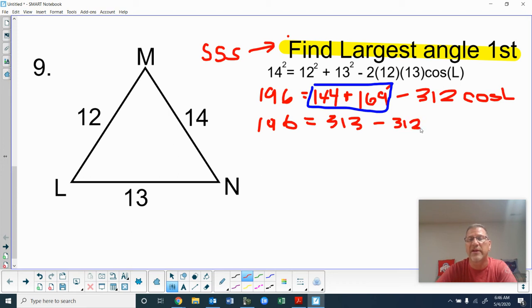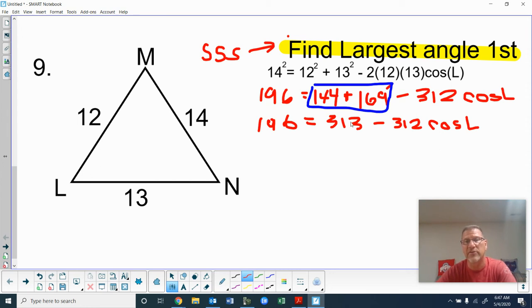Okay, so you can't subtract this 312 from the 313. We're solving for the cosine of angle L. So I got 313 minus 312 times the cosine of L. I can't put those together when I'm solving for L.